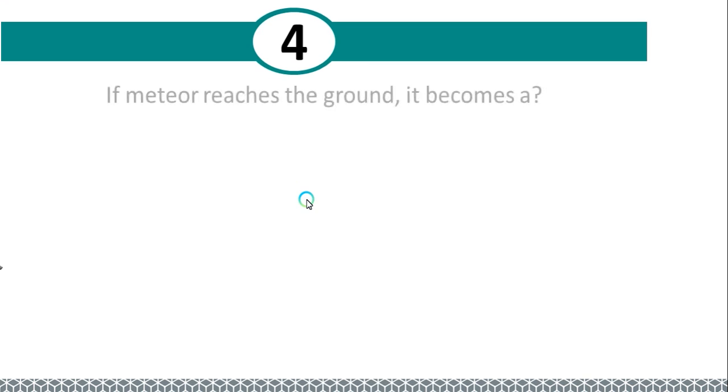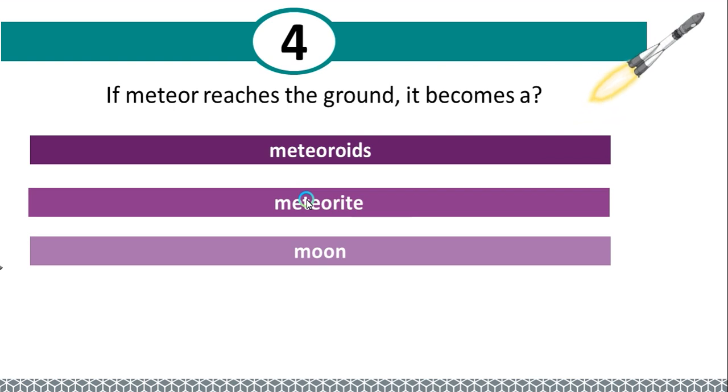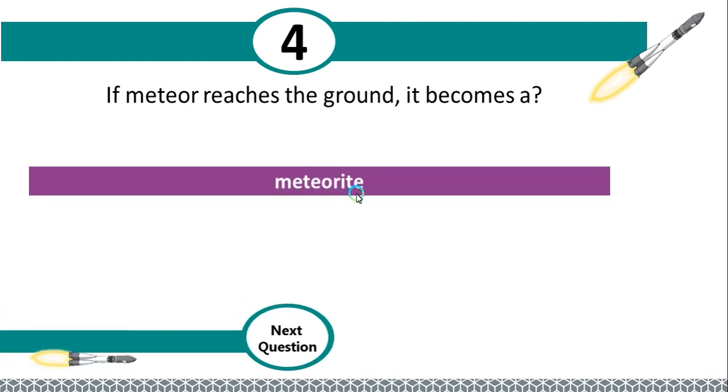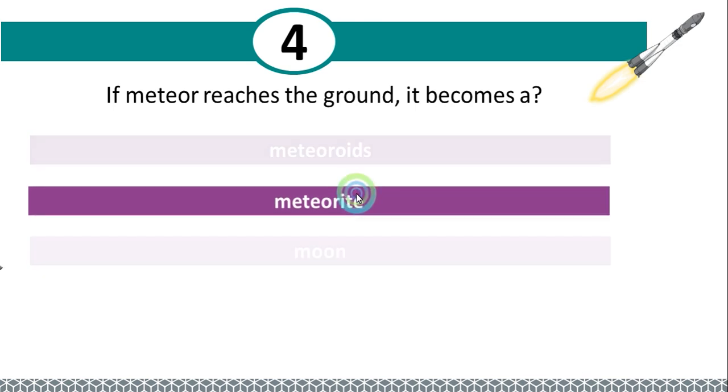Number 4. If a meteor reaches the ground, it becomes what? Is it a meteorite or a moon? It becomes a meteorite. If a meteor reaches the ground, it becomes a meteorite.